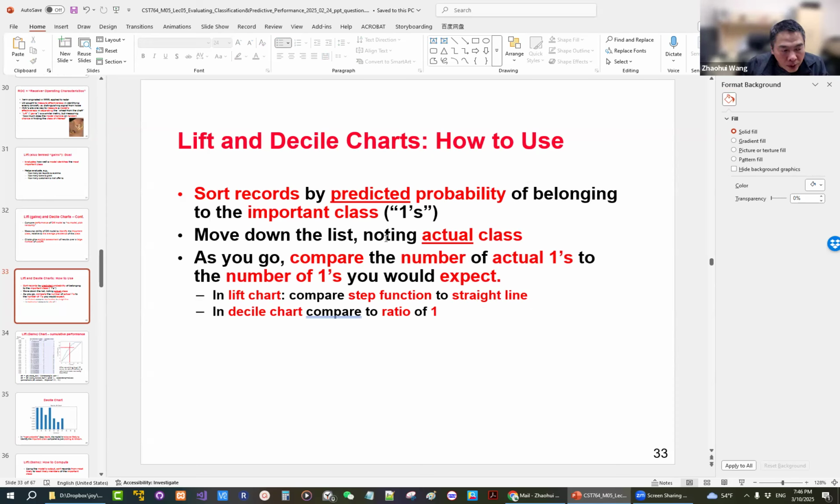Then we use the results to obtain the confusion matrix. Then we can obtain the false positive rate and false negative rate. Then we can derive the lift chart. And further, we can calculate the decile chart.